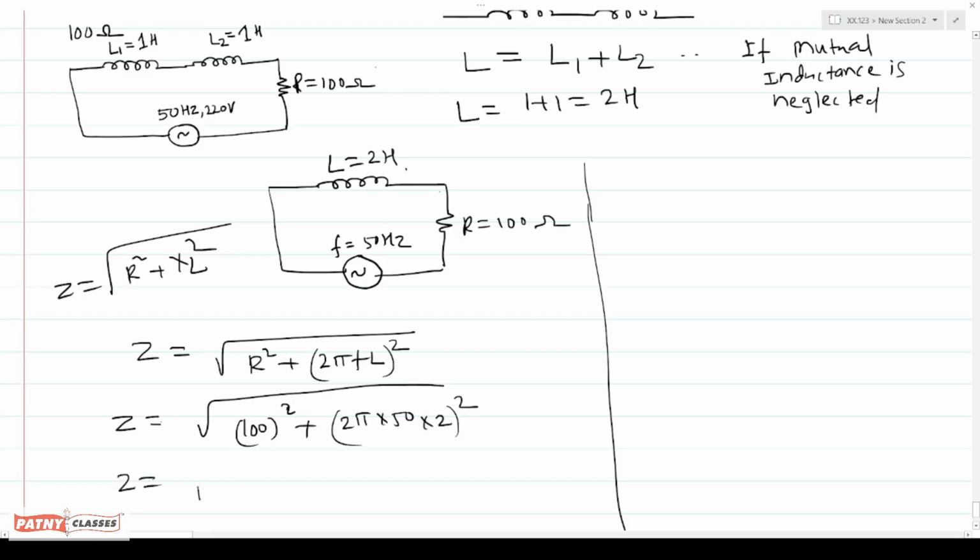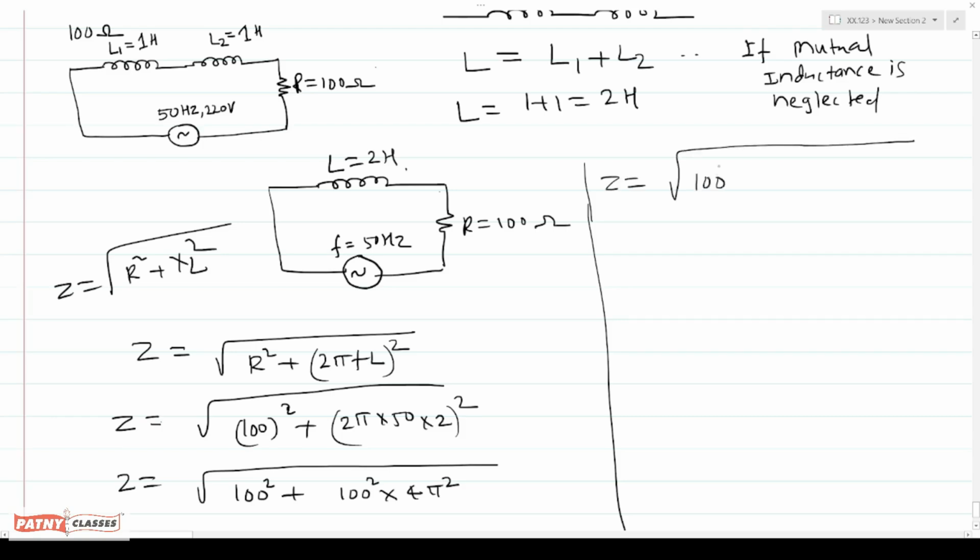So Z equals under root of 100 square plus 100 square into 4 pi square. So Z equals under root of 100 square taken common, 1 plus 4 pi square.